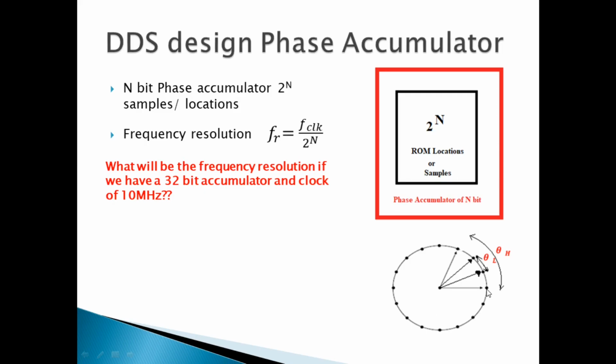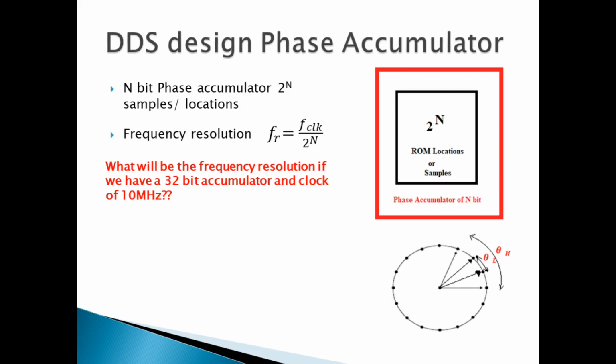So this phase wheel information, or 2 raised to n locations or samples stored in the phase accumulator, have to be used to generate all frequencies of interest. Yet there is going to be a lower limit and a higher limit, a cap on the lowest frequency and the highest frequency.